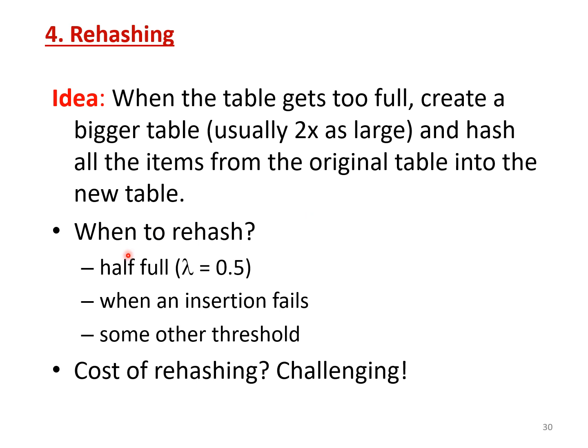Usually, when half of the table is full, that is, the load factor lambda is equal to 0.5, then we can rehash. When an insertion fails, we can also rehash. Here we have to consider the cost of rehashing. It is really a challenging one.